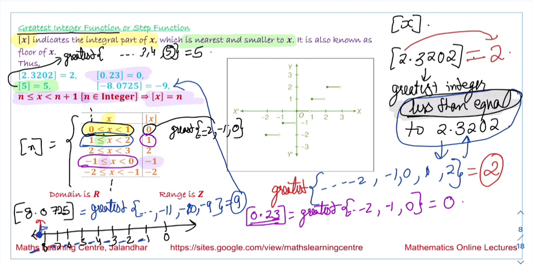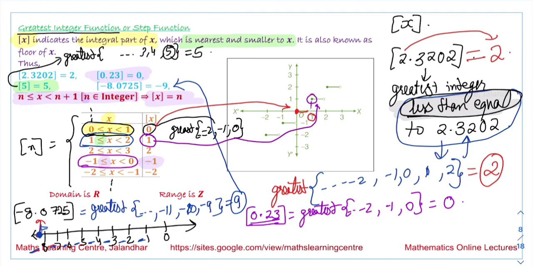So if we plot the graph for this function, when x lies between 0 and 1, with 0 included, up to the point 1, the value of the function is equal to 0. Next, when we are talking about the numbers x between 1 and 2, 1 is included. Look at this dot over here, it is a solid dot.